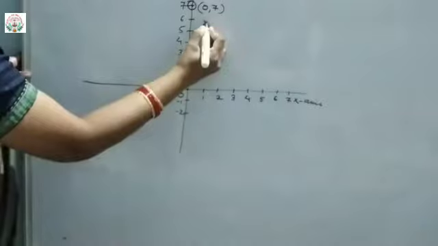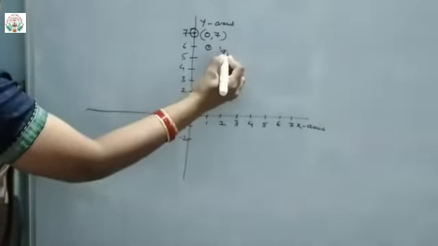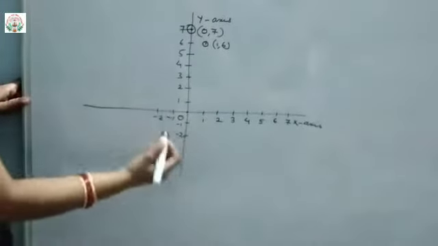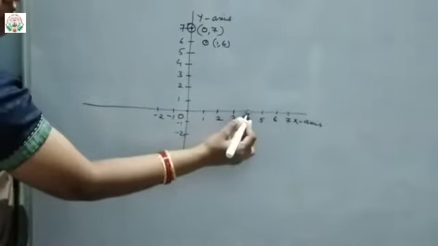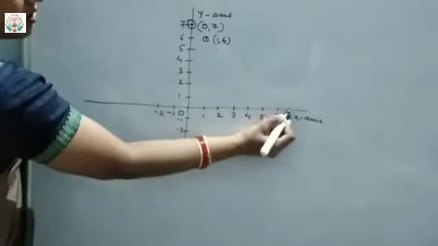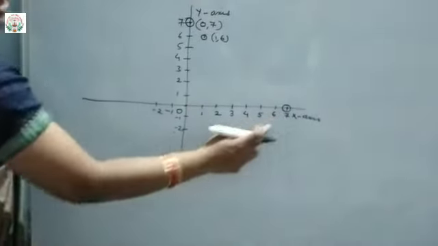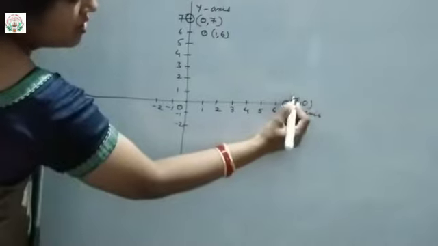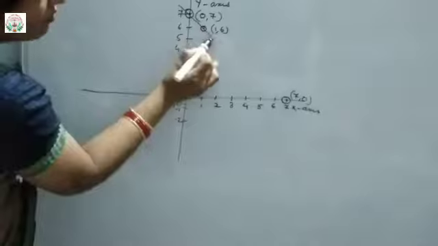What is my y value? 6. So here it will be 1 and 6. Then third point is when x is 7. 1, 2, 3, 4, 5, 6, 7. This one. y is 0. So here only on the x-axis I get, that is this value will be what? 7, 0. Now using this with the scale you draw a line.